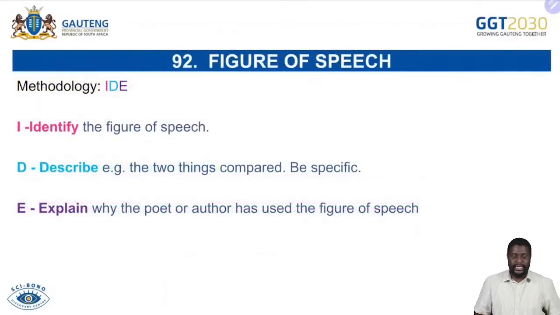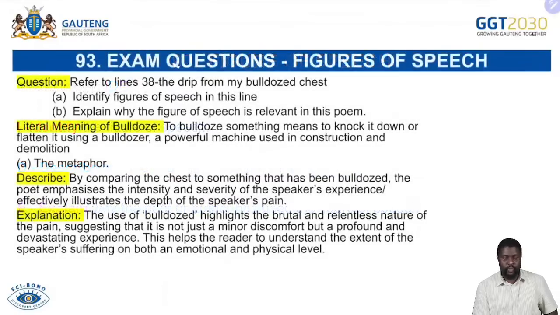Again, here you will get the figures of speech. Identify the figure of speech, describe the two things that are being compared, and explain why the poet has used this figure of speech. Refer to line 38, the drip from my bulldozed chest. Identify the figure of speech here and explain why it is relevant. Pay attention to the words. To bulldoze the chest.